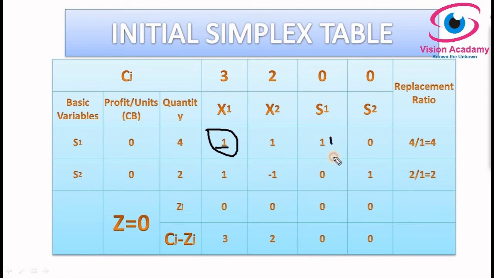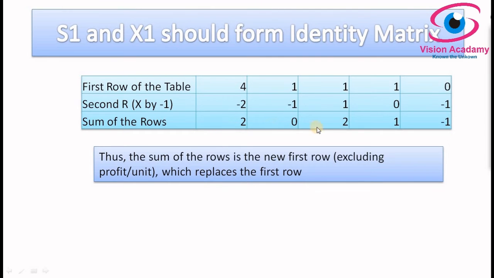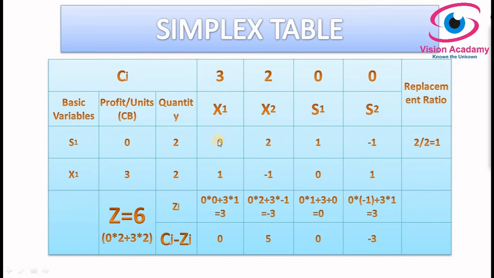Since s1 is already in the identity matrix 1 0, it must become 0 1. So we consider the row operation for the first row. So for the next iteration, in the first row, that is for s1, I have considered 2 0 2 1 minus 1, the result of the last row operation, because in the first row we have to make this 0.